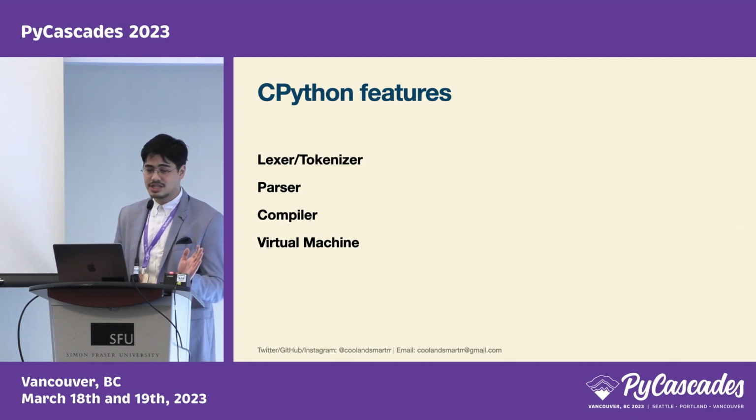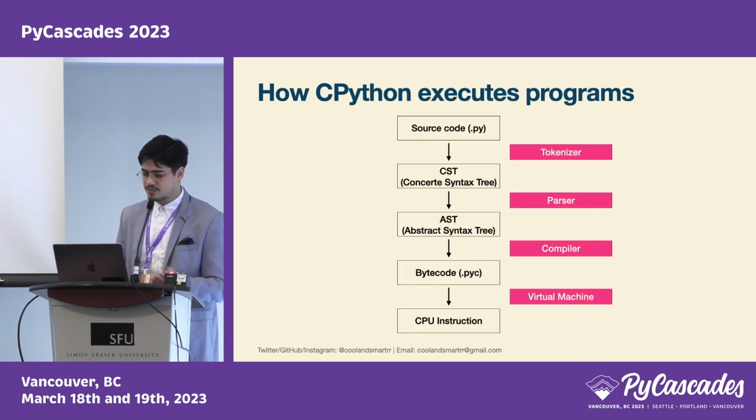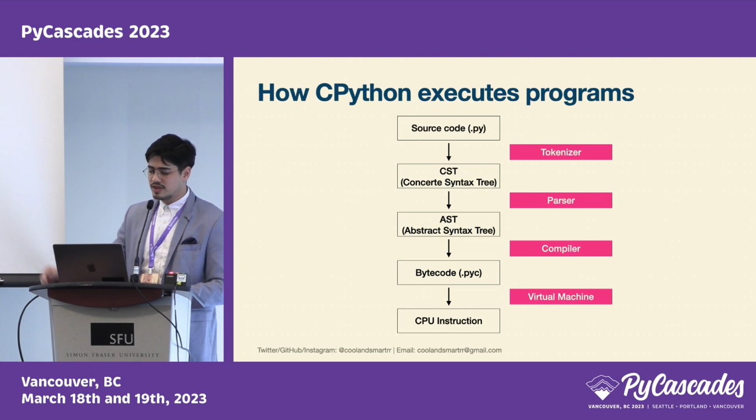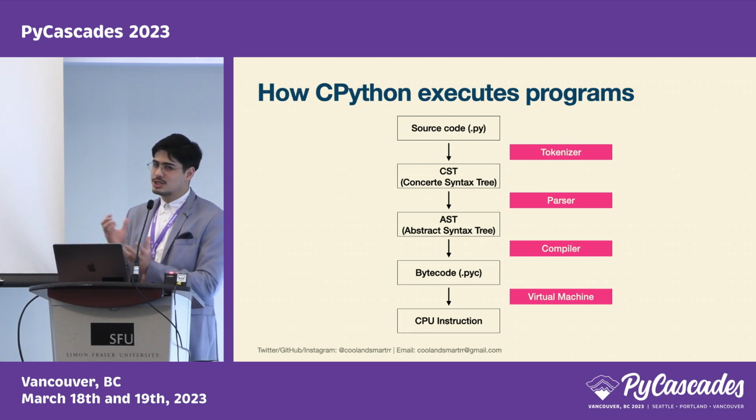Let's see how these go together in an execution flow. So here's the execution flow. First, we have the source code that the coder has provided. That source code is structured by this thing called a tokenizer. And we get this thing called the concrete syntax tree, or the CST. Now, the CST is a little too specific, so we try to make it more abstract.